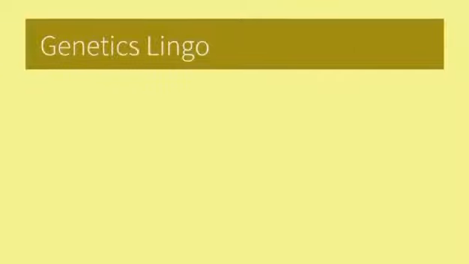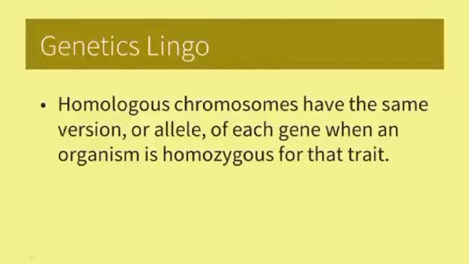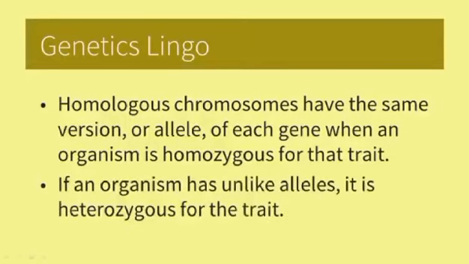Some genetics lingo. Homologous chromosomes have the same version, or allele, of each gene when an organism is homozygous for the trait.